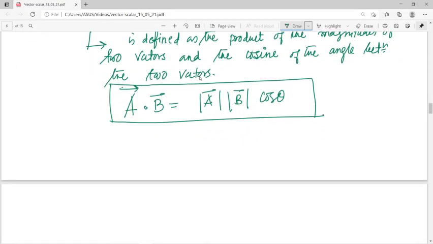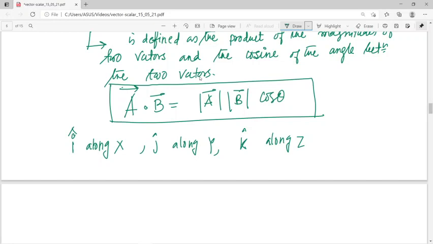Now we know i cap is a unit vector along the x axis, j cap is a unit vector along the y axis, and k cap is a unit vector along the z axis. The x axis is perpendicular to y, y is perpendicular to z, and z is perpendicular to x.